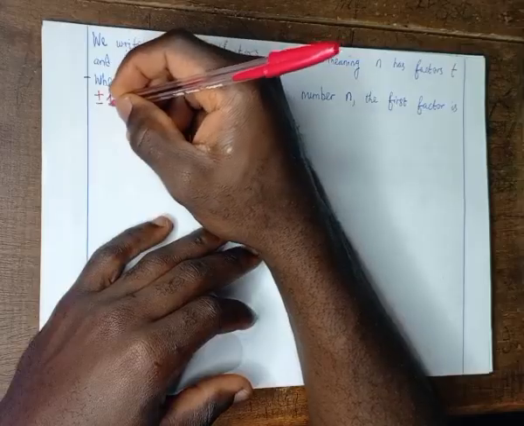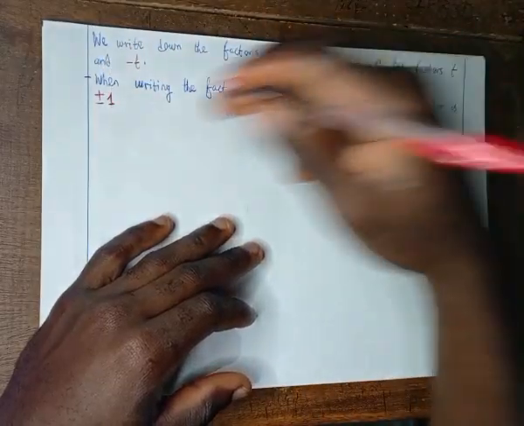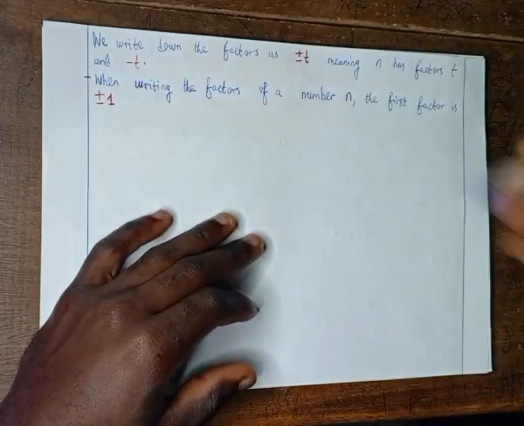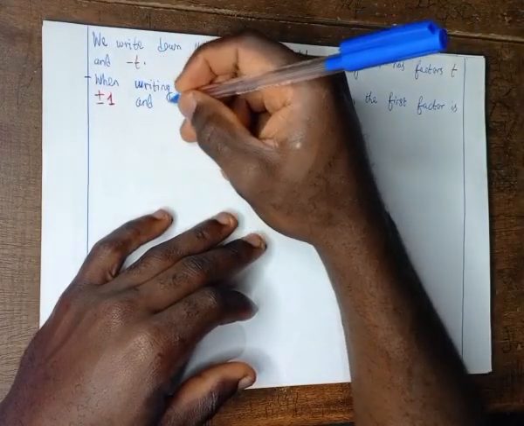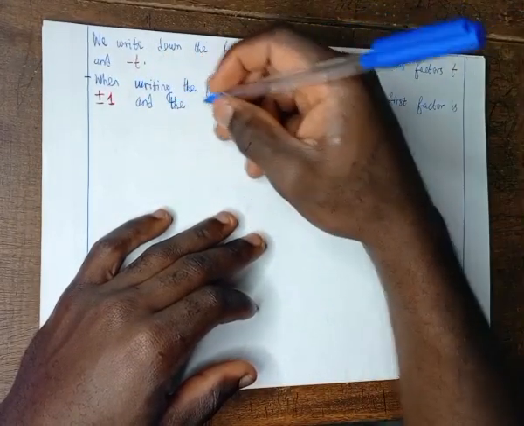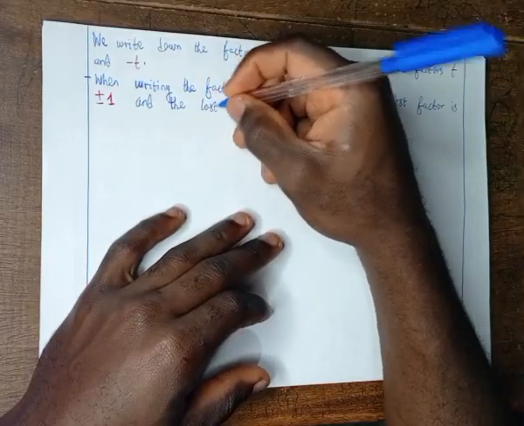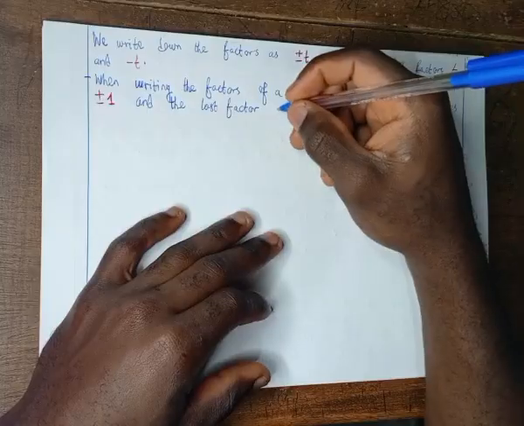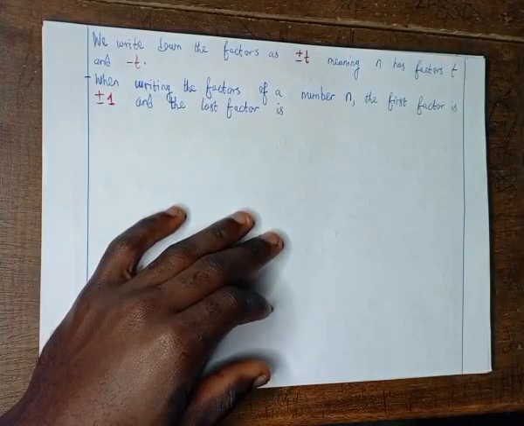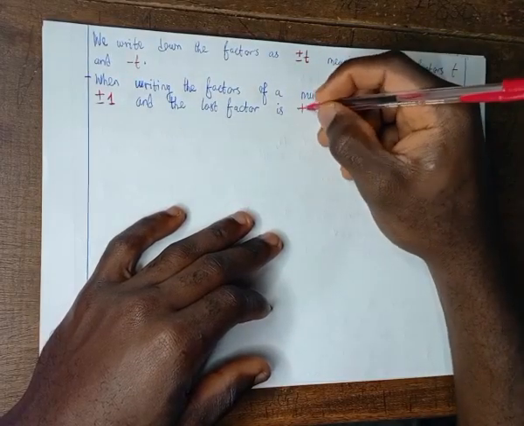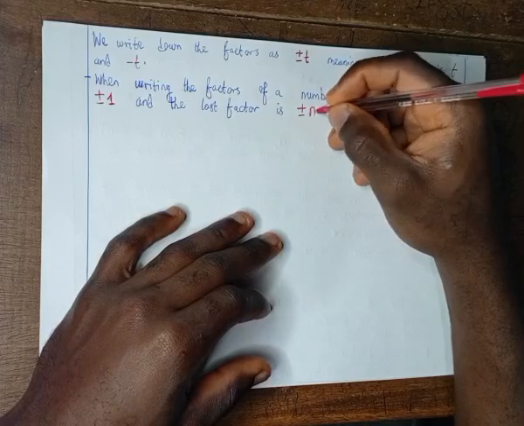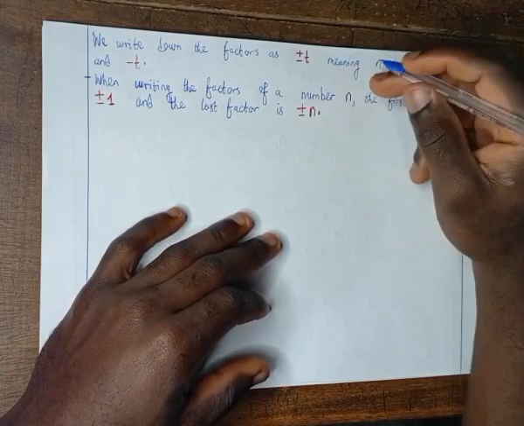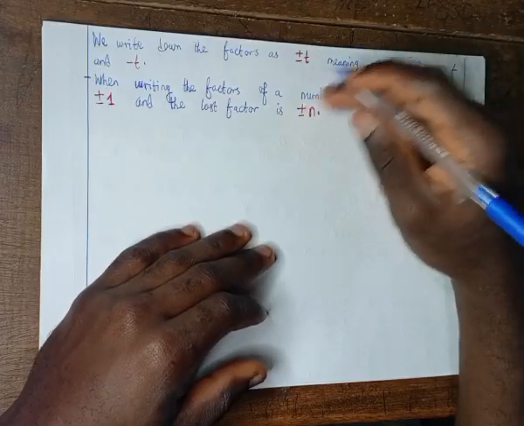It simply means positive 1 is a factor of n, negative 1 is a factor of n, and the last factor is plus or minus n. It simply means positive n is a factor of n, negative n is a factor of n.